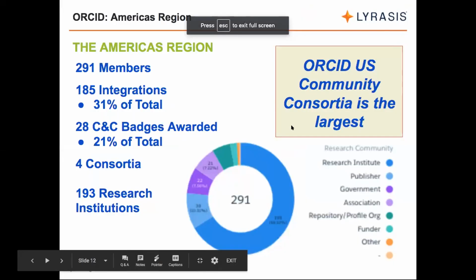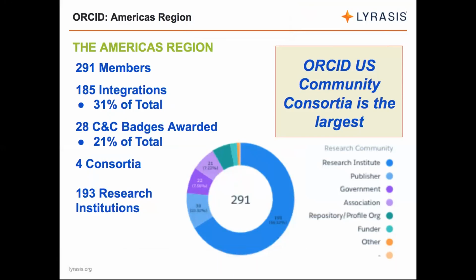Okay, so I am Burnett Sherman and I am with ORCID, and my role is sort of shifting to do more member communications and outreach. I was previously the communications liaison for the Americas team, so I'm still going to be quite involved from a different perspective. But from the Americas region, we've seen growth over the past few months.